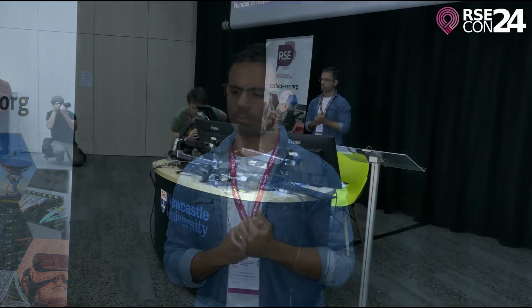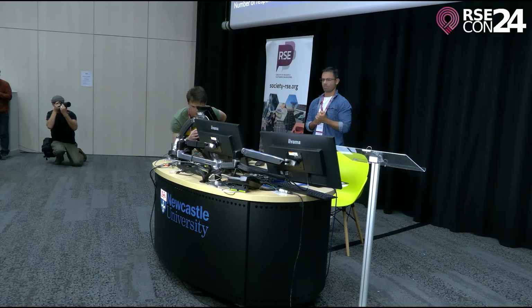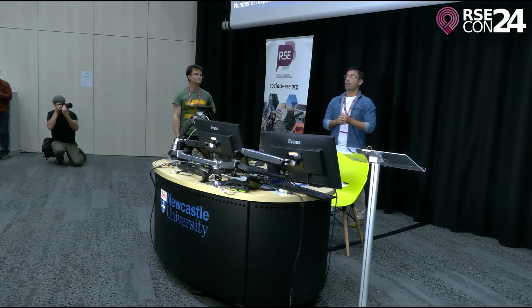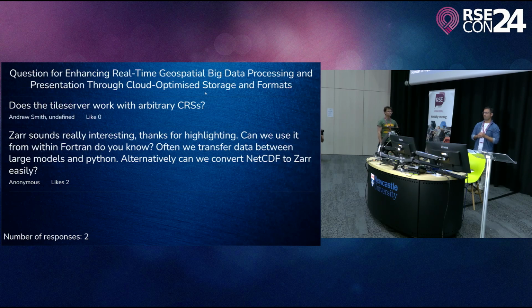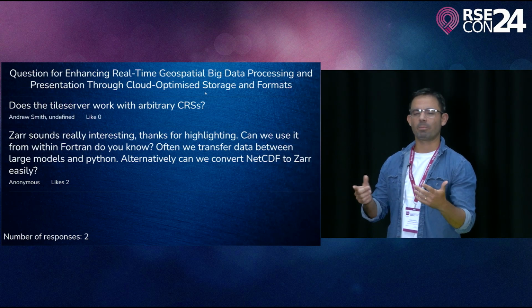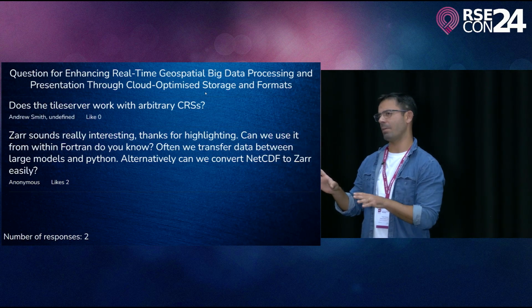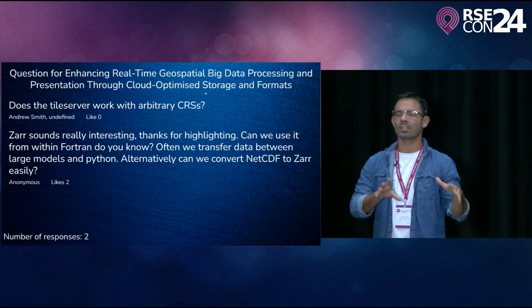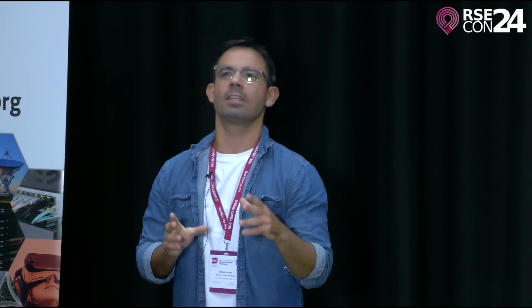Another one we've got is: does the tile server work with arbitrary CRSs? I'm not sure what the meaning of arbitrary CRS is, but I need to work with Plate Carrée, and the CRS that I'm using is 4326.